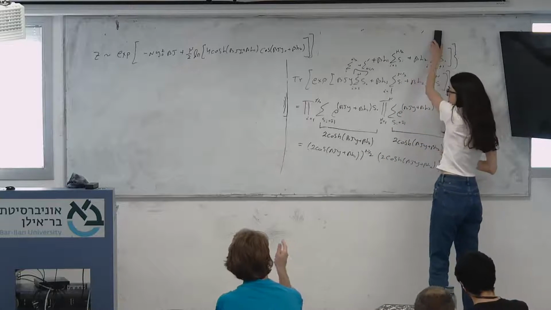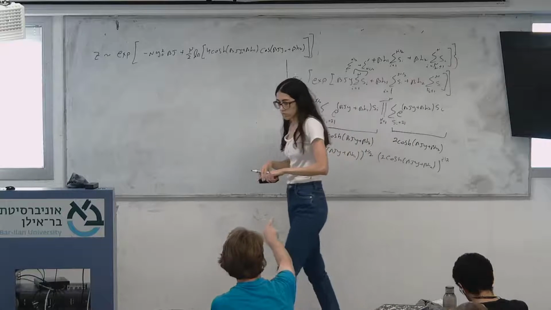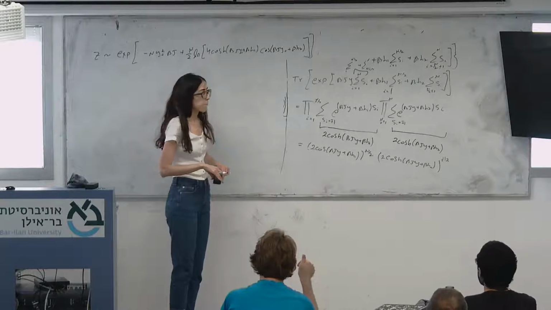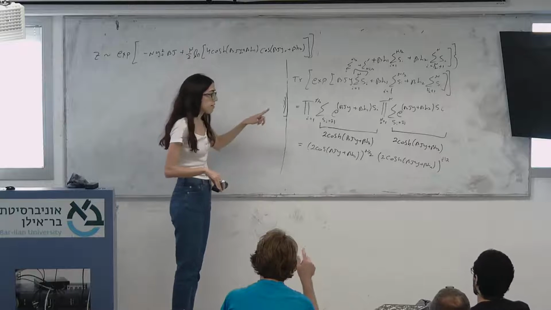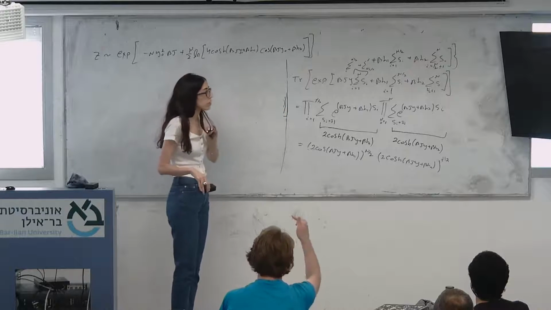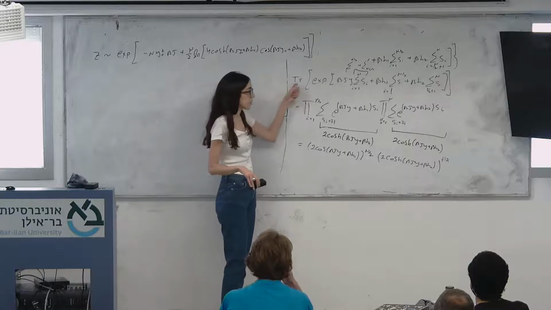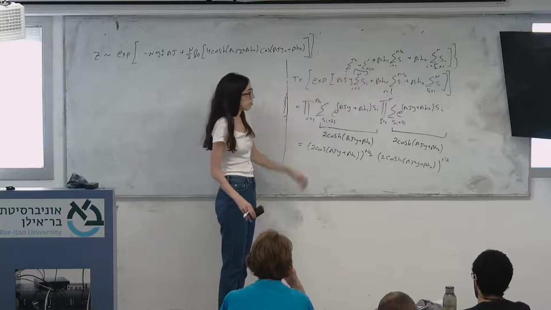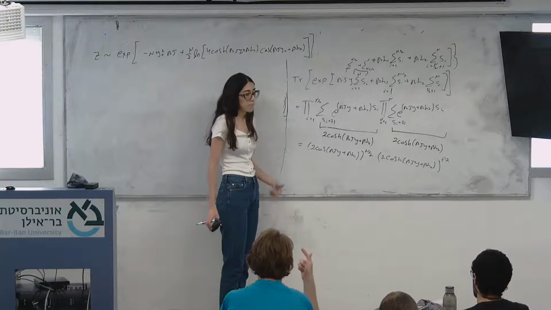Question: the step you erased, in the transition to purple afterwards, is that a change of variables? It's after the change of variables, yeah. No, the purple is just the trace. It's not all of the partition function. But yes, it's after.